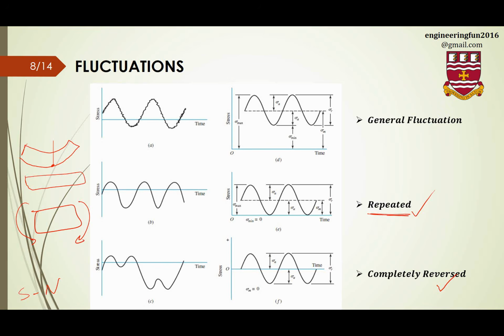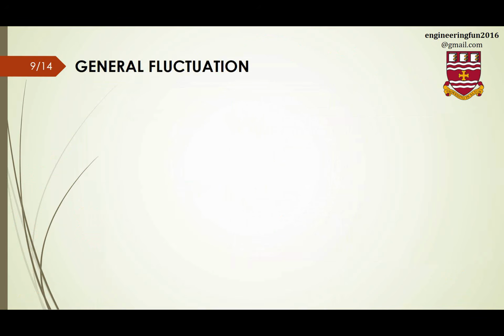And we can have general fluctuation types. We can have some offset from the time axis, and we can fluctuate around something. We can increase and decrease load. Okay, for example, we have a specimen like this, and there are forces acting on the specimen, and this force can be varied from 18 kpsi to 68 kpsi, and both are in tension.